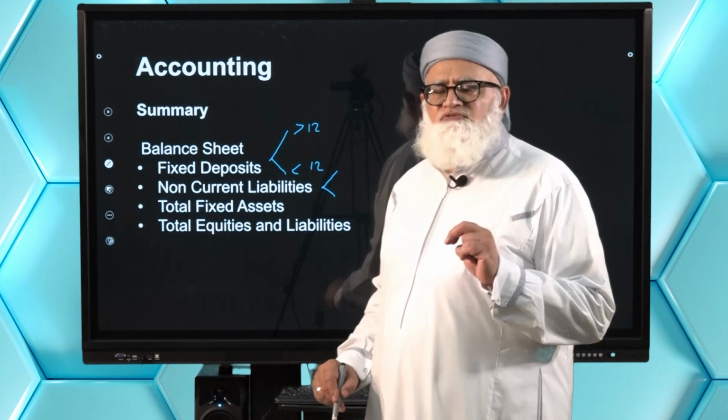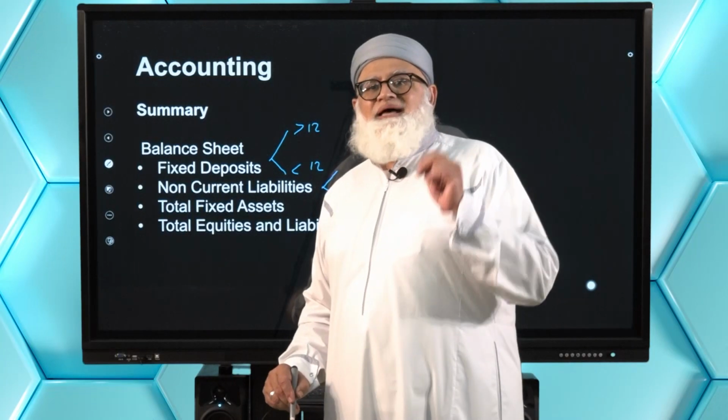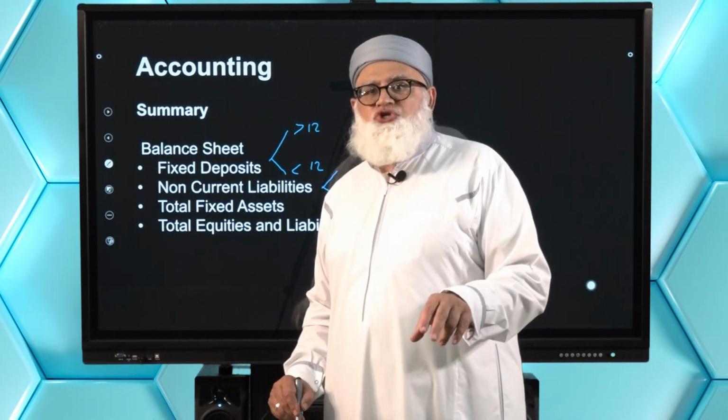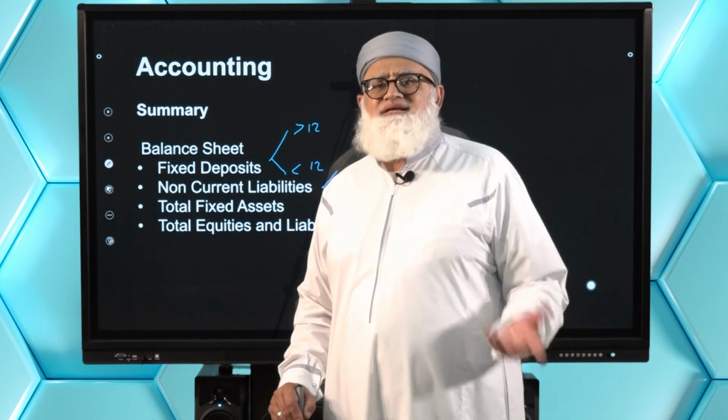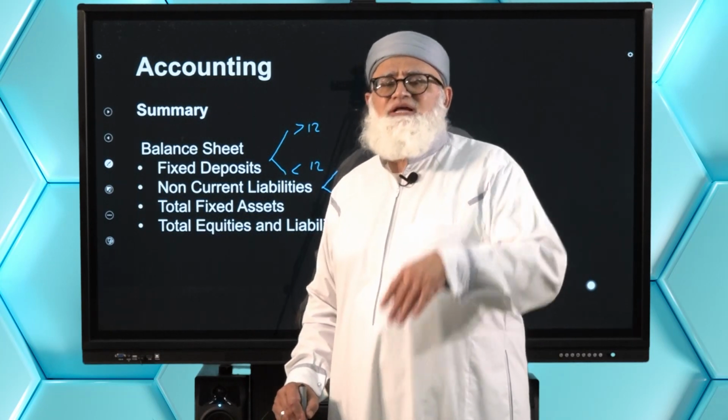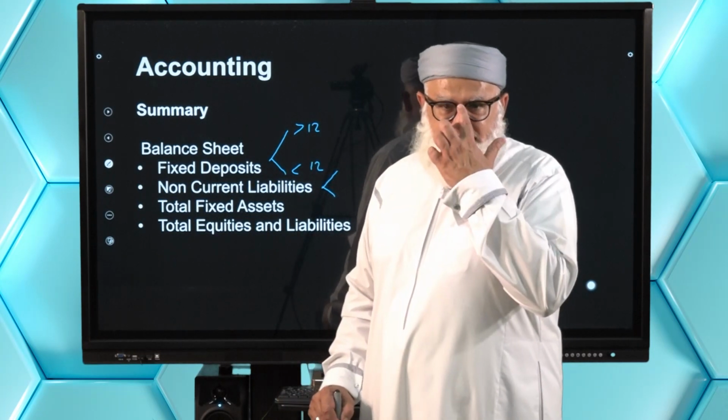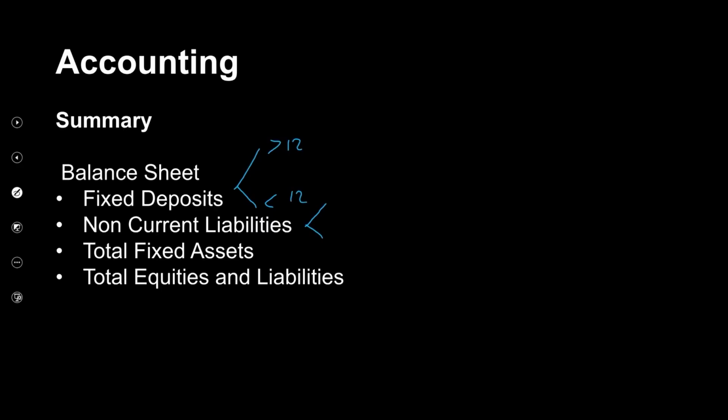Just a bit of discussion here. Remember, sometimes the short-term loan can be shown as part of trade and other payables. Sometimes it's shown on the face of the balance sheet. Look at the question, it will give you direction. Okay, and then the total assets must be equal to my total equity and liabilities. Remember what we said?